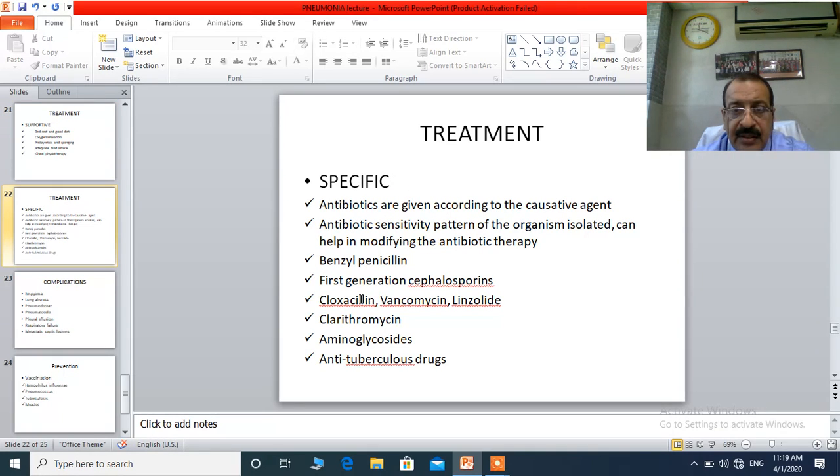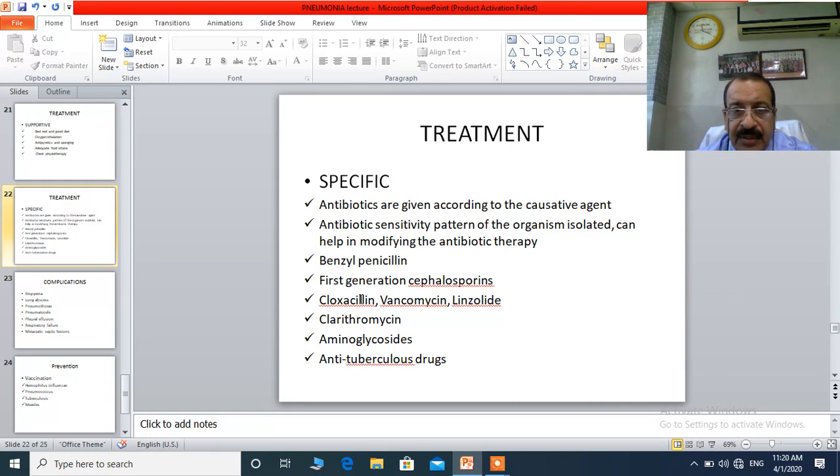The specific treatment to some extent depends upon the age of the child, because at different ages different organisms cause pneumonia. So antibiotics are given according to the most likely causative organism at that particular age. For example, in newborn, group B streptococcus and E. coli are the commonest organisms.